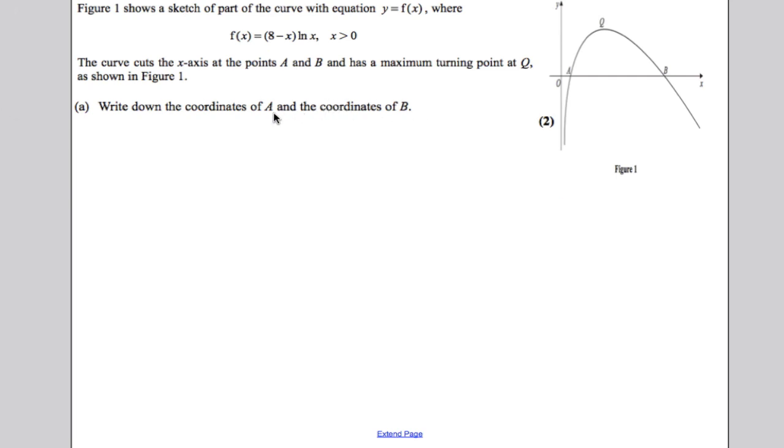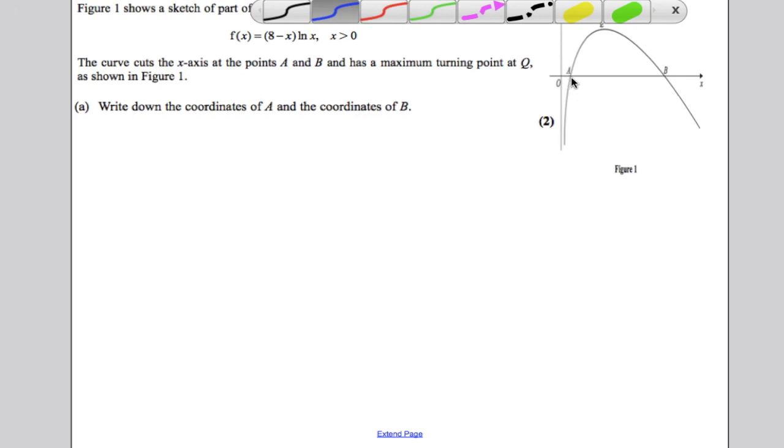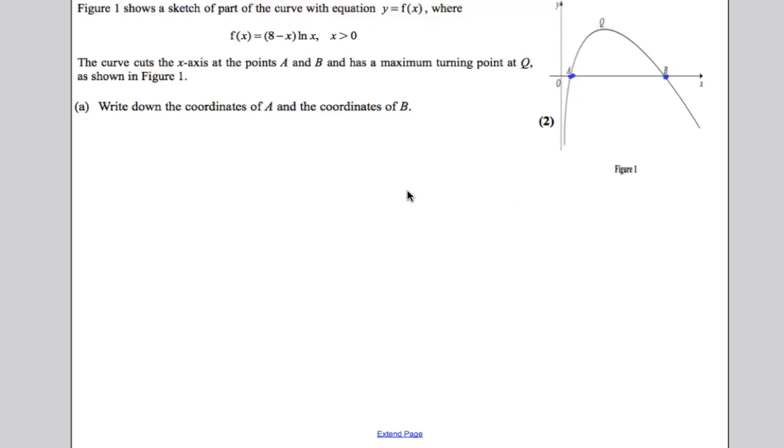It says write down the coordinates of A and B, and it says the curve cuts the x-axis at the points A and B. So at this point here, you know that y is equal to 0. So what you're solving is 0 is equal to 8 subtract x multiplied by ln x.